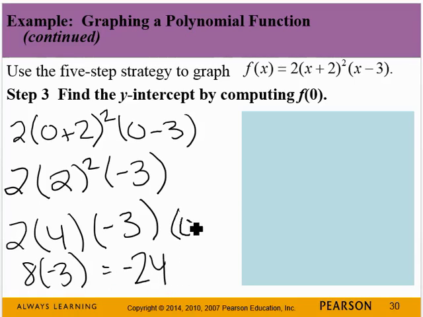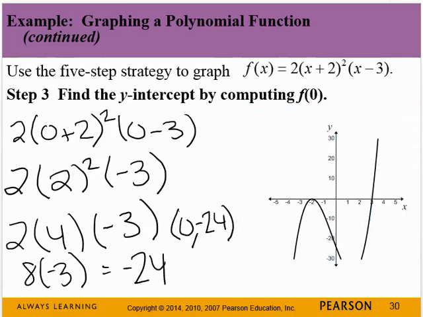So that means you're going to have a point 0, negative 24. So it crosses your y-axis at 0, negative 24.